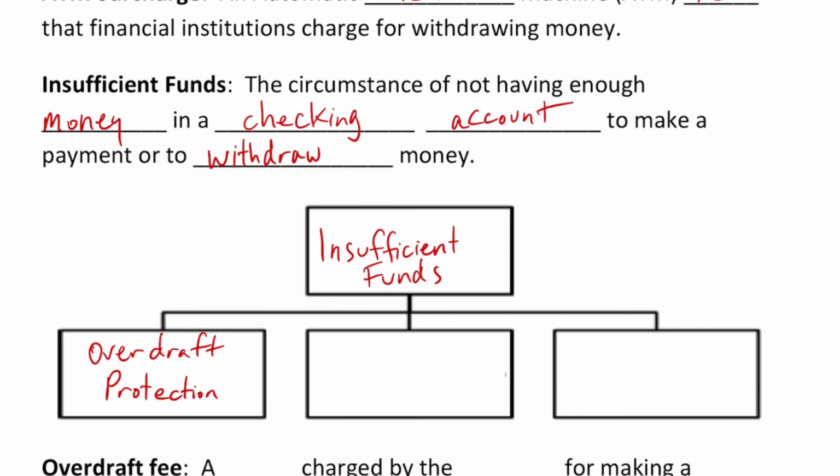The other one, and this is the one that I personally use, is overdraft protection that's linked to a savings account. If I go to HEB with $50 in my account and want to make a purchase for $52, I don't have enough, but Chase Bank is going to take that other $2 from my savings account, transfer it automatically for me, and then approve the transaction with HEB.